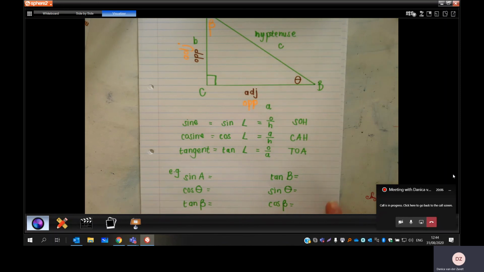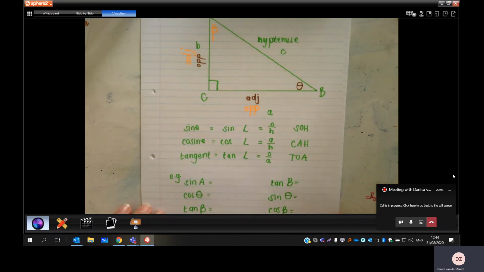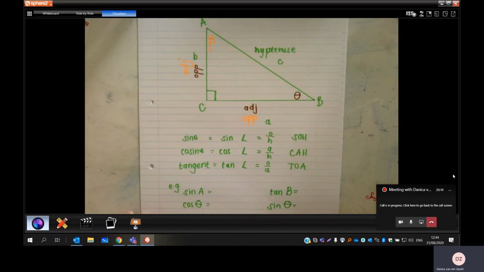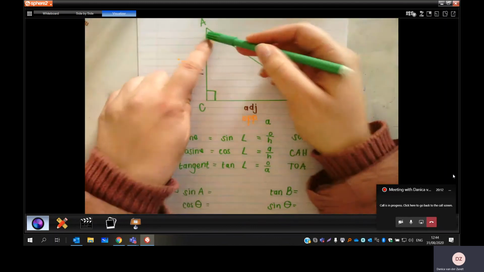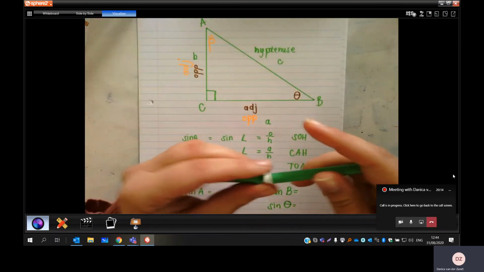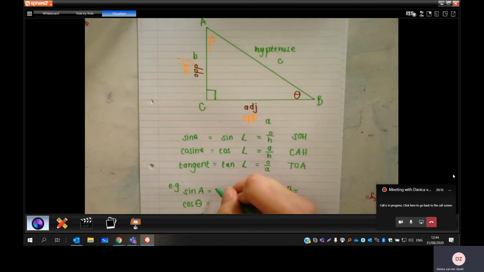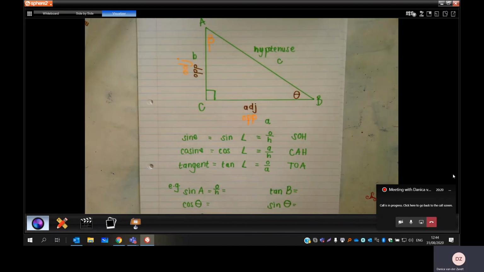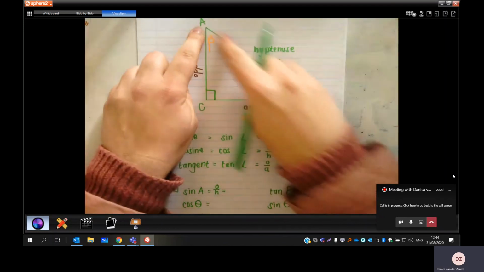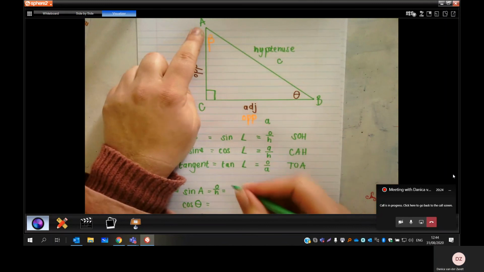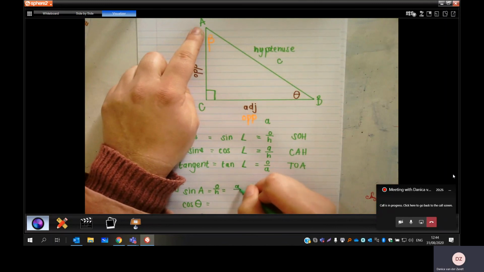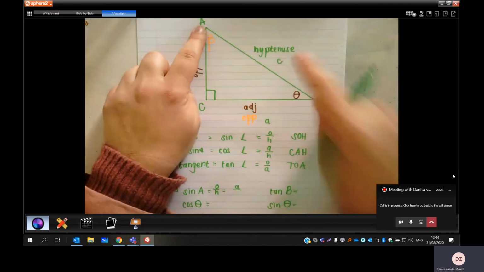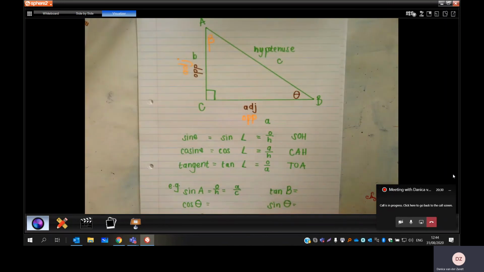Okay, so I am looking for sine of A. So I'm going to A, and I want sine. Sine is SO, opposite over hypotenuse. Okay, but now I want opposite to A with little letter a, and hypotenuse, which is little letter c.